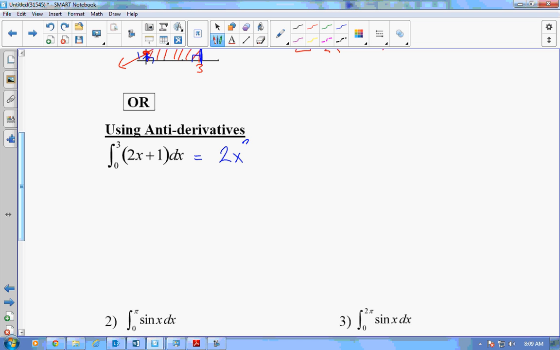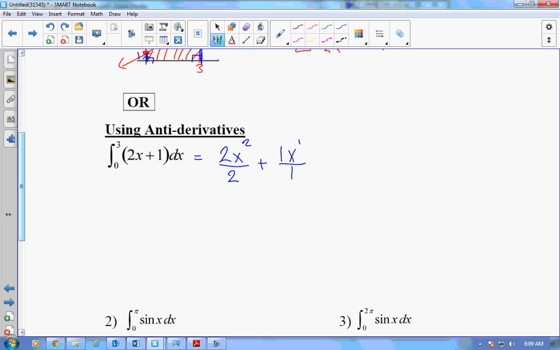x squared. Now that new power is squared, so we divide by that new power. Plus 1, we increase the exponent. Well, this has how many x's? Right now it has 0 x's, so we increase it to 1, which has a power of 1.